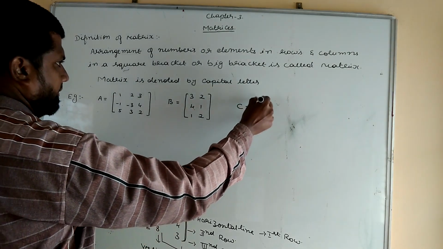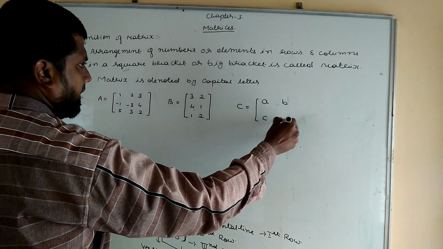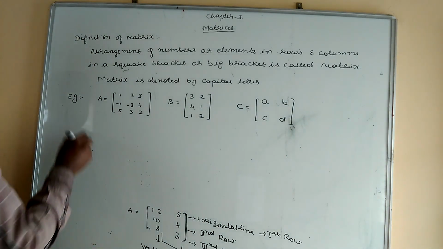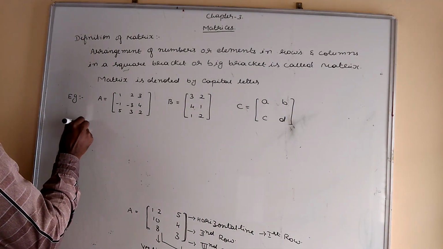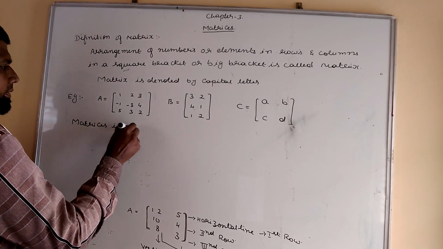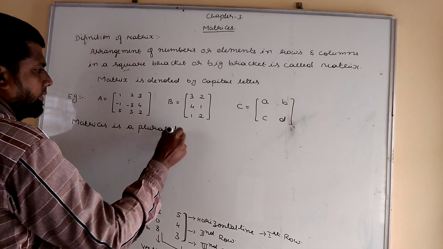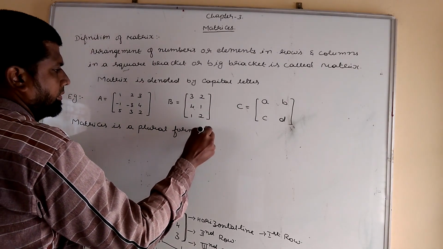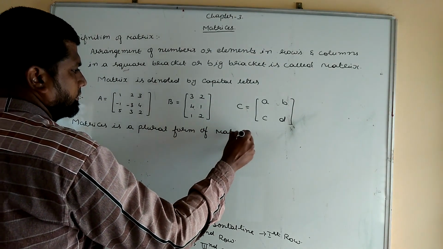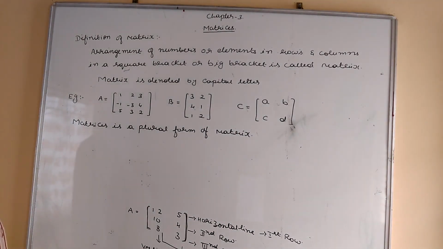Third example, A, B, C, D. So matrices is a plural form of matrix.